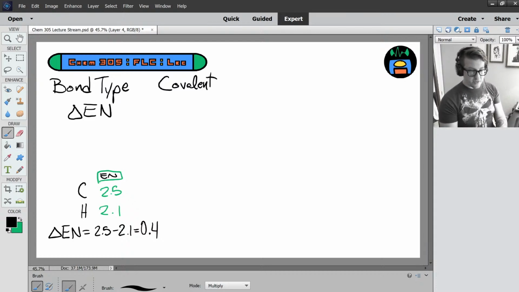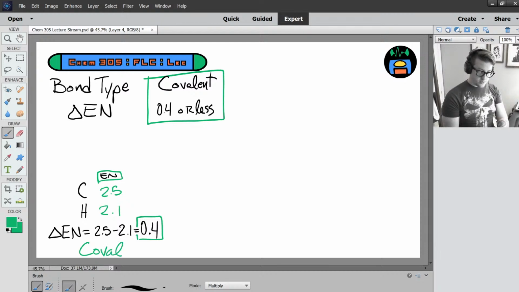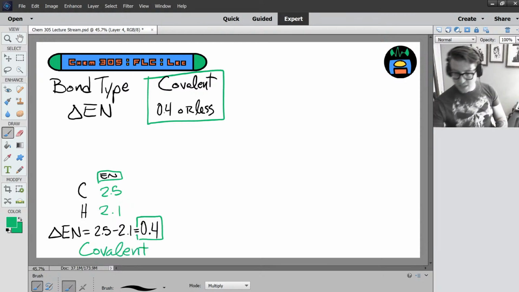Your bond type will be covalent when the difference in electronegativity is 0.4 or less. Here, when you compare carbon and hydrogen, because their difference in electronegativity is 0.4, the type of bond they're going to make is a covalent bond.